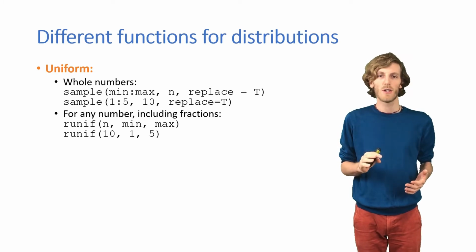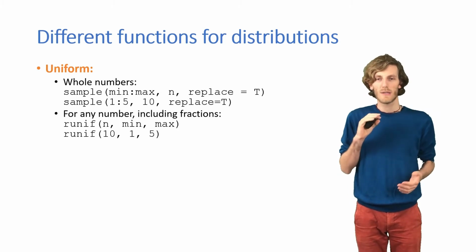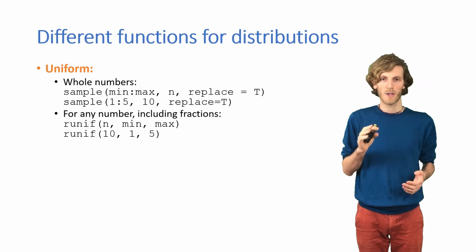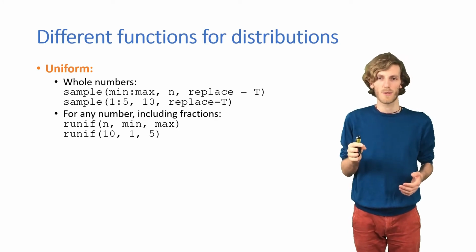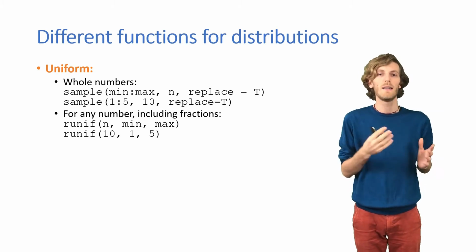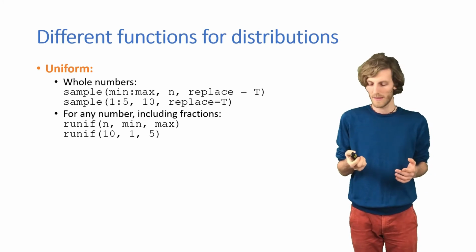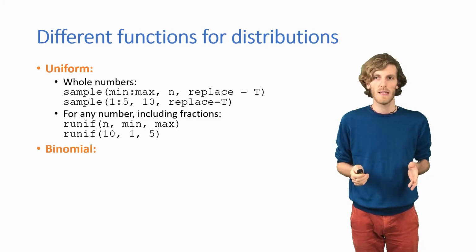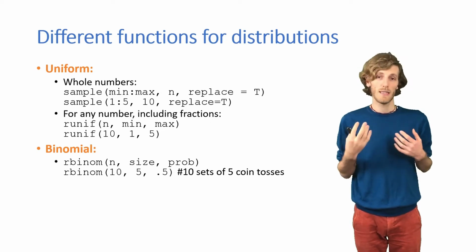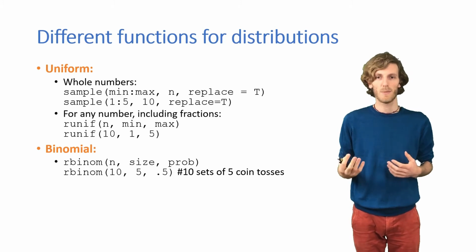For everything that's not discrete, so for all continuous outcomes, we can use these specific functions for specific distributions. So we have runif for the uniform distribution. And you can see the syntax here. We basically need to specify how many numbers we want and what the range of the numbers should be. For the binomial distribution, we have the rbinom function, where we now need to specify how many samples we want and how big each sample is to be.